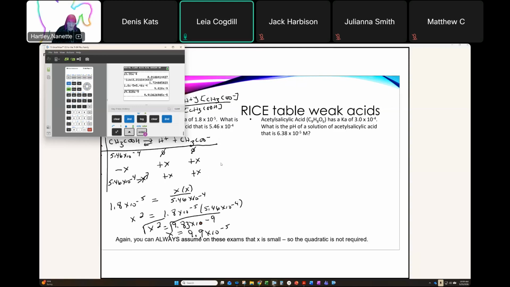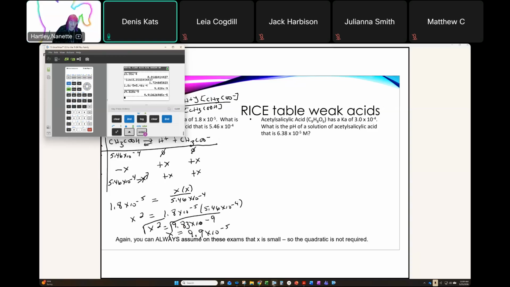I thought we weren't supposed to round our sig figs in the middle of the steps if it's not a number that we're reporting. So I'm just writing that here. I did not do that when I did the math. I used here what I had, but I wrote it down this way because that's the appropriate number of sig figs when I would write it. Does that make sense? Yes.